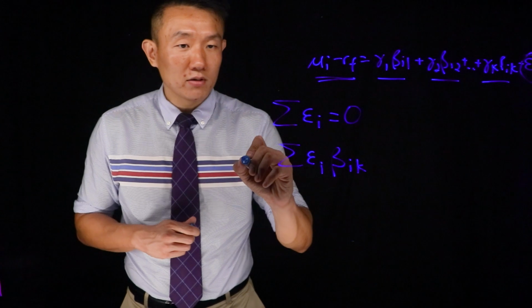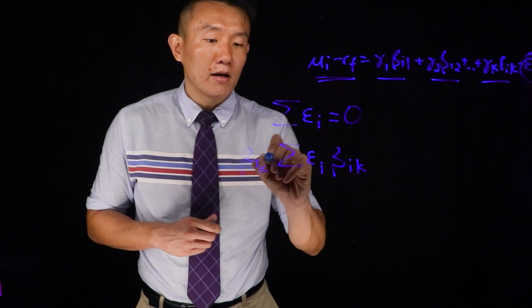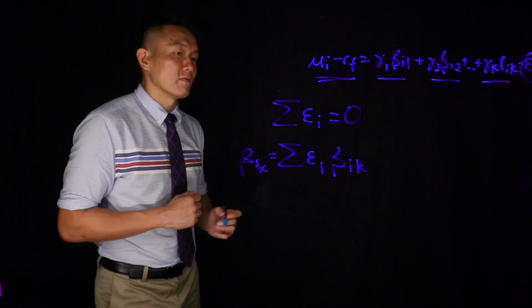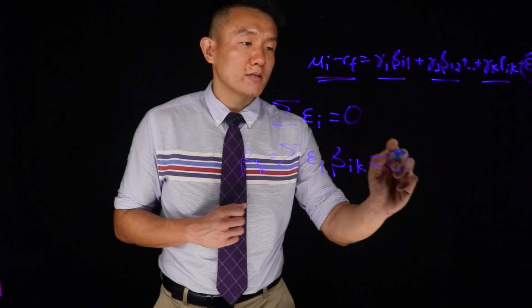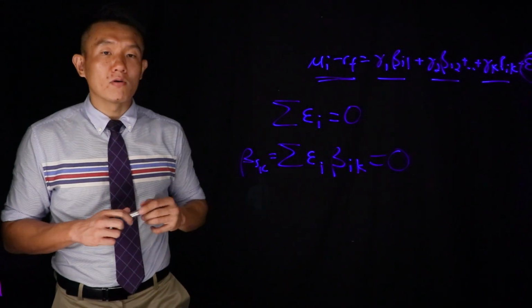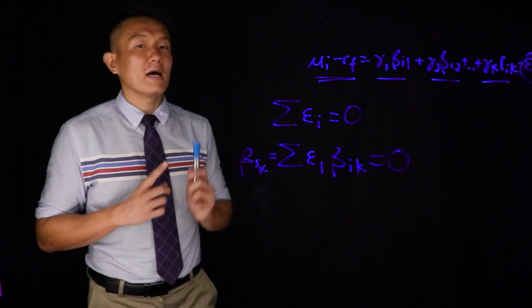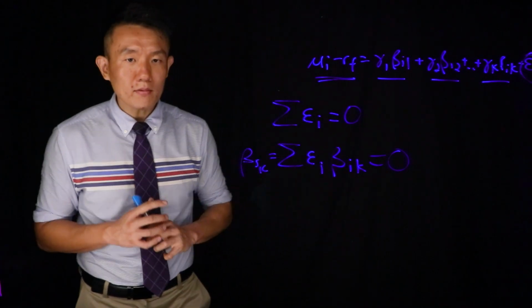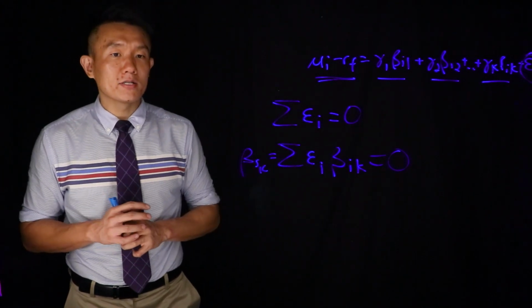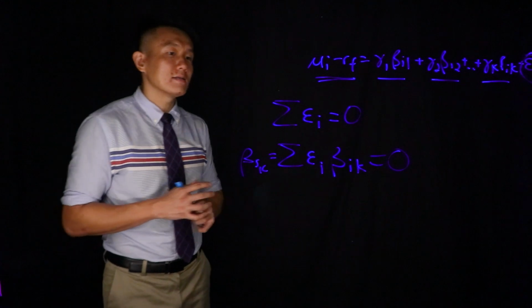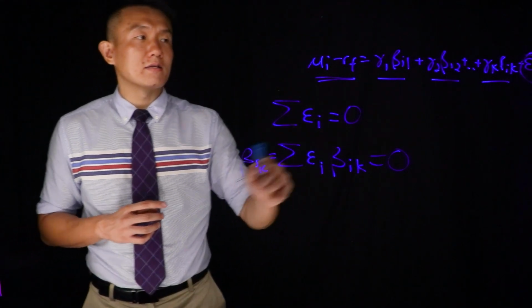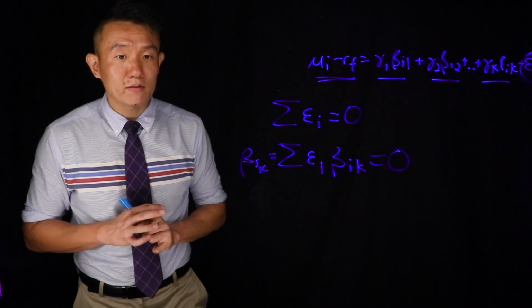What this means, of course, is that the arbitrage portfolio is going to have 0 betas. So we're going to have a portfolio that doesn't require any initial investment, and it has 0 exposure to any of the risk factors.